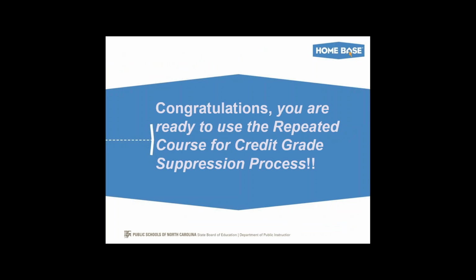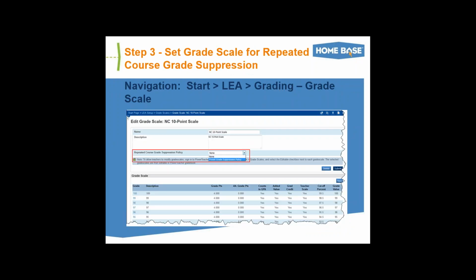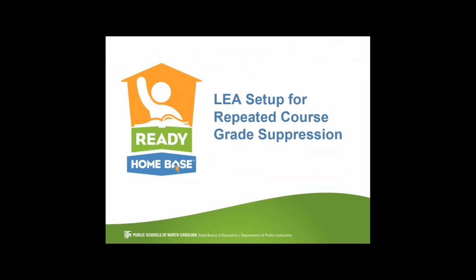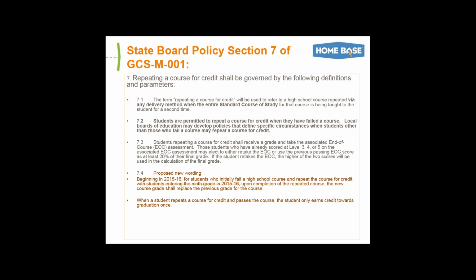How does a course repeated for credit, a failed course, differ from credit recovery? Credit recovery is a portion of the course. When a student is taking credit recovery, they are not taking the course from beginning to end and final exam. They are taking modules that they failed.